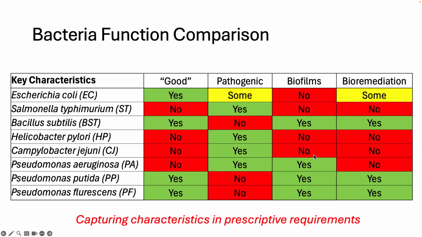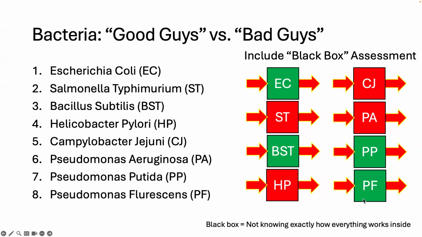Another area I thought was fascinating, and I'll talk about this in more detail, biofilms, or I like to think of them as shields. And then finally, bioremediation. Are they actually good at repairing or converting things in its environment into something that's more useful and cooperative for other types of plants and animals?